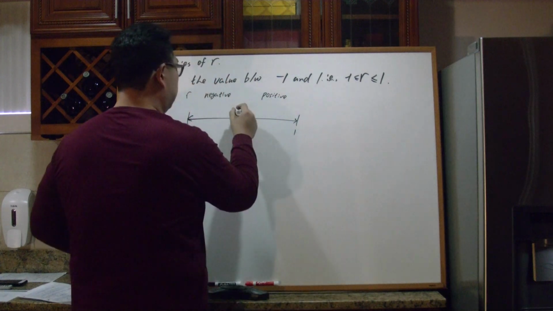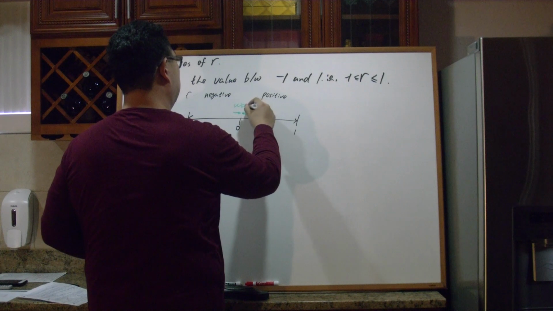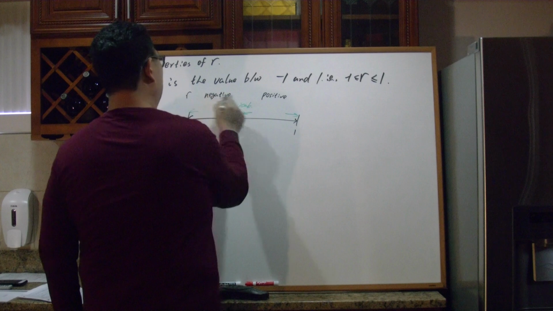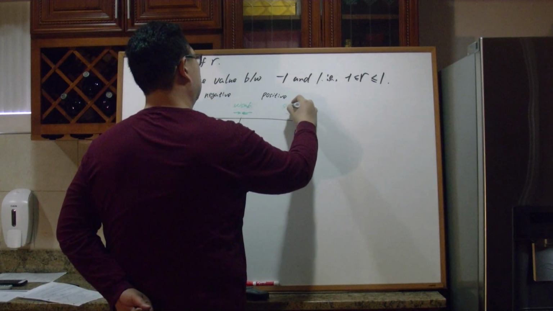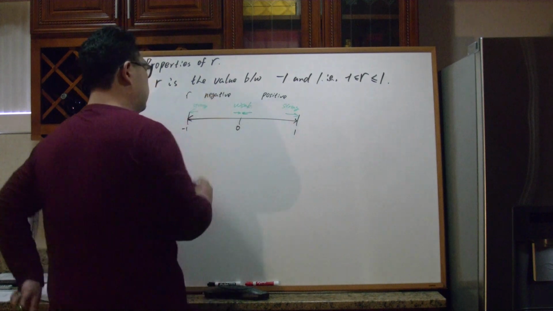Well, if our value is closer to the 0 part, that's a weaker linear correlation, and the closer to the 1 value, that's stronger, right?